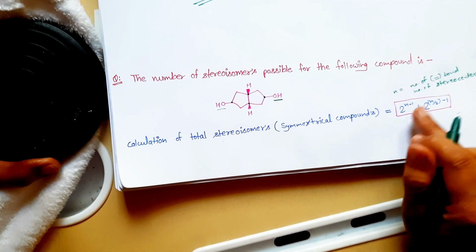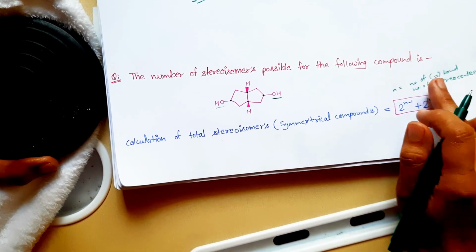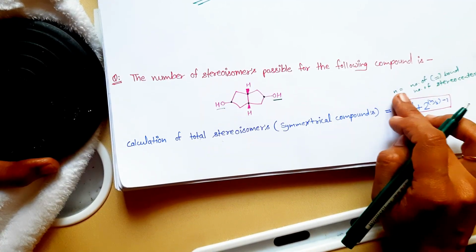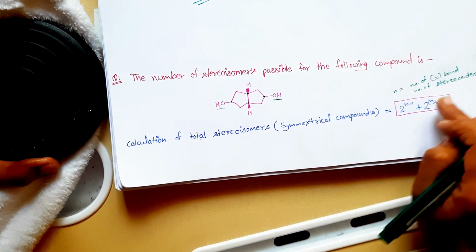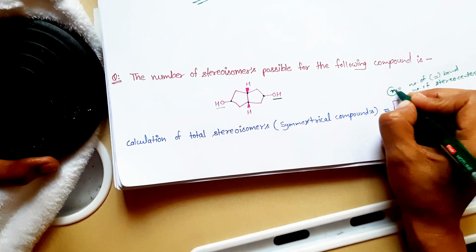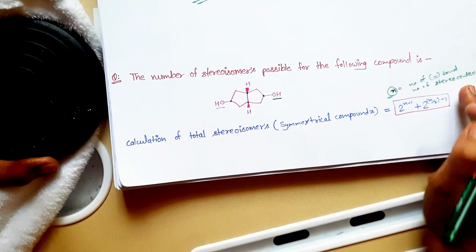Here n represents the number of stereo centers. Here they do not give a double bond, so we do not consider it. We consider the number of stereo centers.